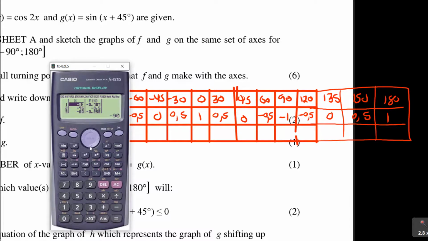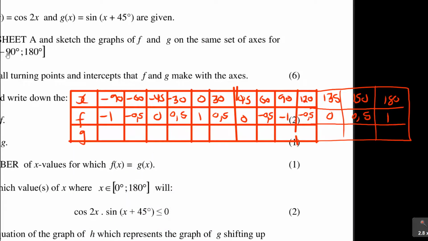Simplified ones. Negative 75, there it is. Negative 0,5. Negative 45, 0. So negative 75, negative 0,5. Unfortunately, it's not there. Negative 75, I will have here negative 0,5. That's where they did that intentionally.